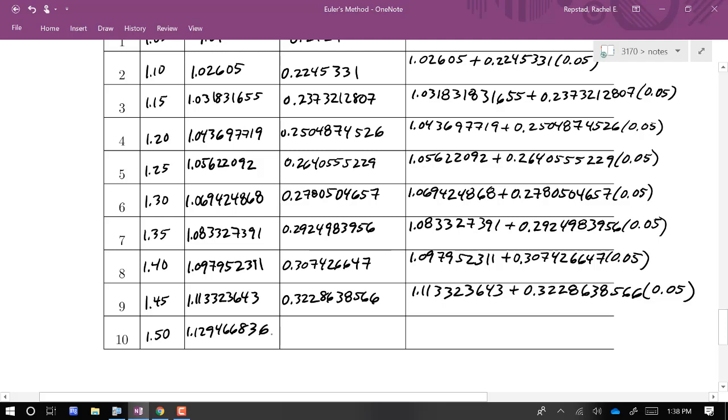Okay, and this is where we stop. We've got the final x value that corresponds to our last t value.